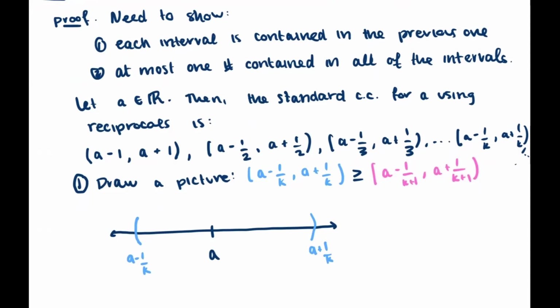So each of these two distances is 1 over k. And then 1 over k plus 1, which is the width of the pink interval, is going to be smaller than 1 over k, right? So it'll look something like this.